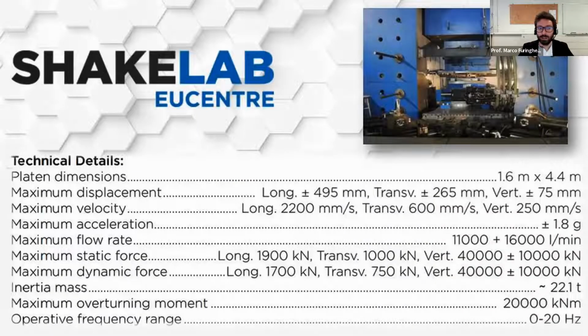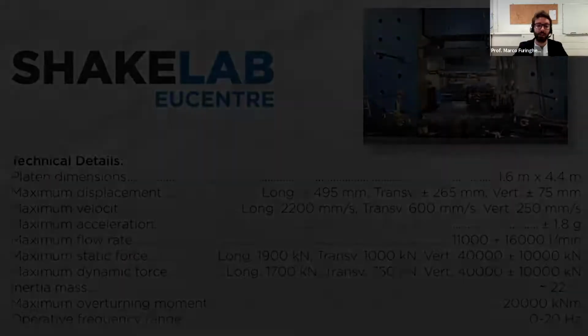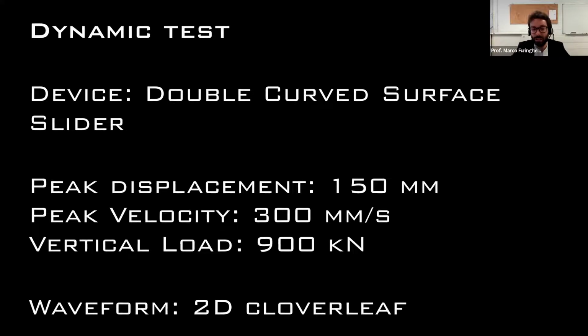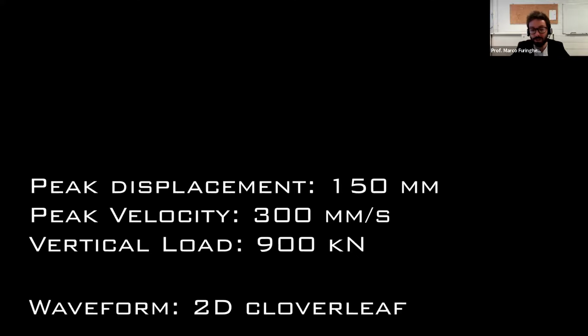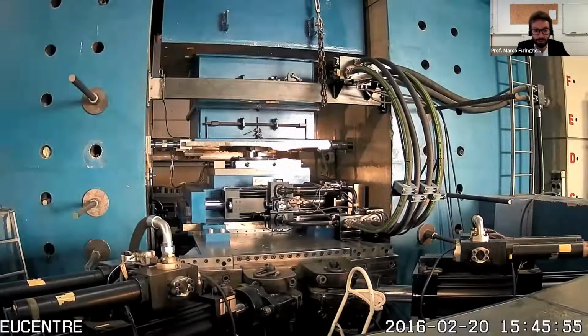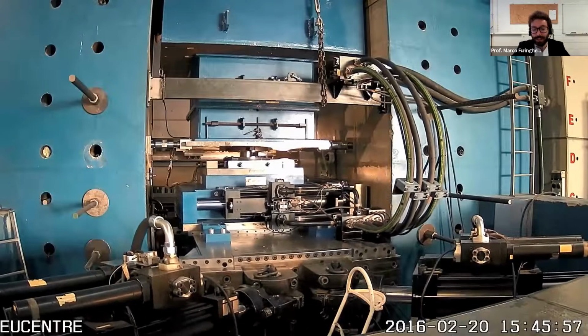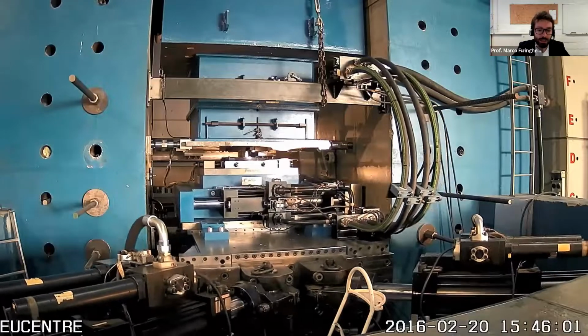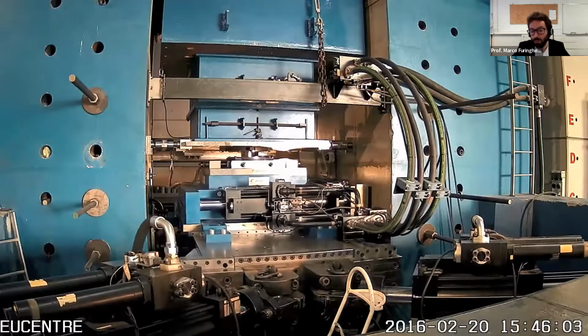These are some technical details. You will see maximum displacements, velocities, vertical loads. The vertical load can achieve up to 50 meganewtons. And this is how it works. There are hydraulic jacks, which lead the isolator to this place.